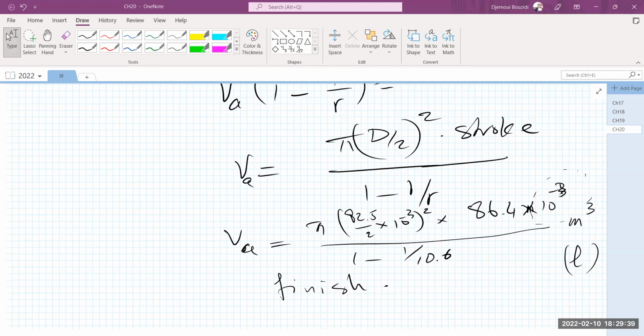So I have pi times, open parentheses, 82.5. I'm going to go straight to the power, 10 to the negative 3. Here I need to put the negative 3 in parentheses. Divided by 2. The whole thing is squared.